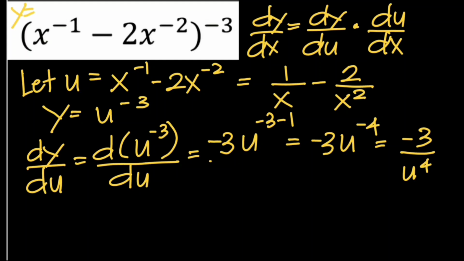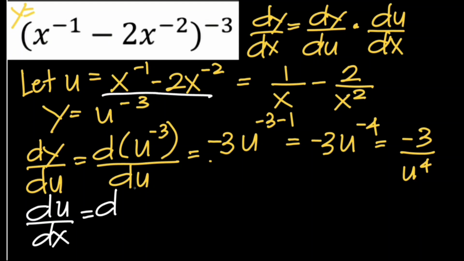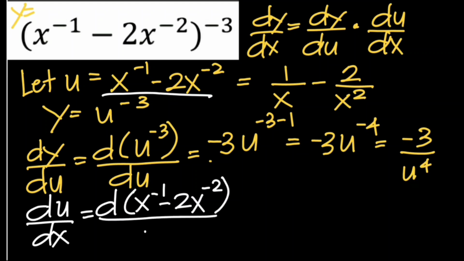Now that we already have dy over du, we solve for du over dx, which is just equal to the derivative of u, which is this one, x to the negative 1 minus 2x to the negative 2 with respect to x. Then we derive each of the terms inside the parentheses.